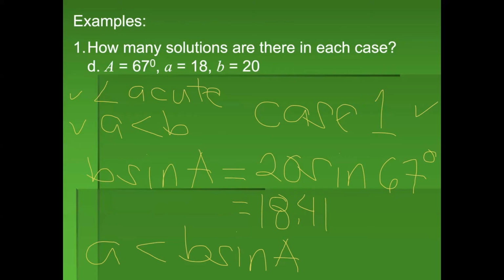Remember, we have three possibilities. Either we have two solutions, or one solution, or no solution.